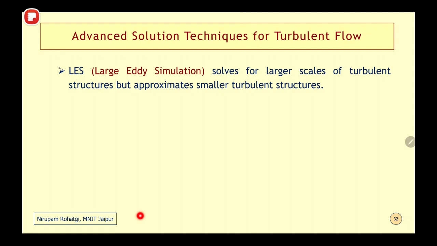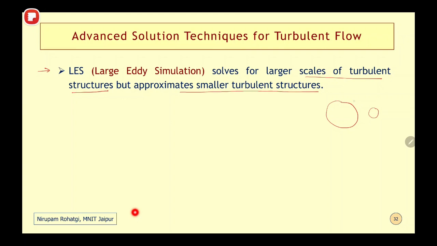Now, this is RANS. Beyond this is LES. This is also another model, which is called large eddy simulation. Now, what does it do? This model actually solves for larger scales of turbulent structures, but approximates smaller turbulent structures. So you have a bigger structure, you have a smaller structure.